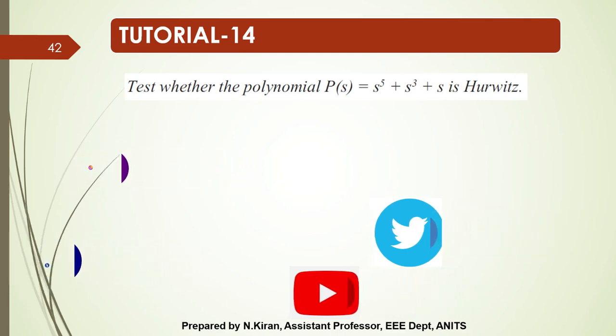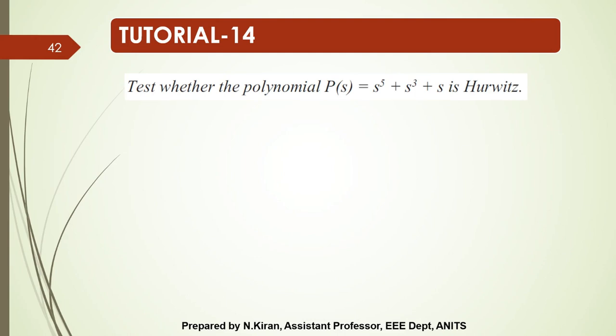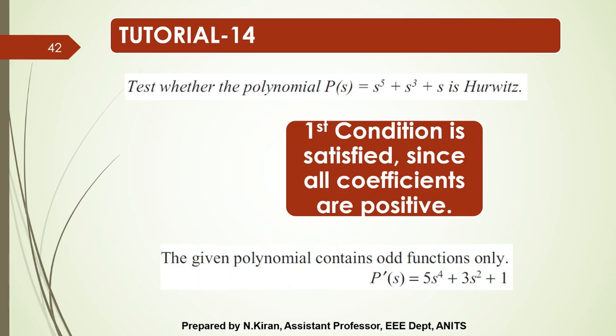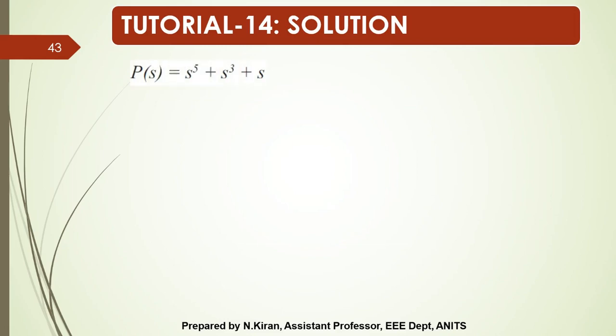So in order to construct a Routh-Hurwitz table in this case, we'll find the derivative of the given polynomial. The obtained derivative polynomial is 5s power 4 plus 3s square plus 1. Now we'll consider these two and try to construct the Routh-Hurwitz table for this given polynomial.